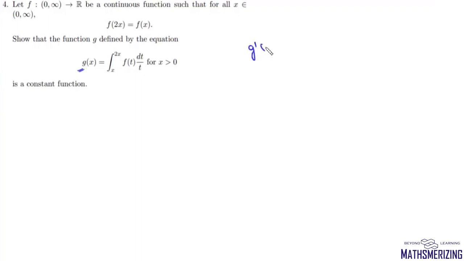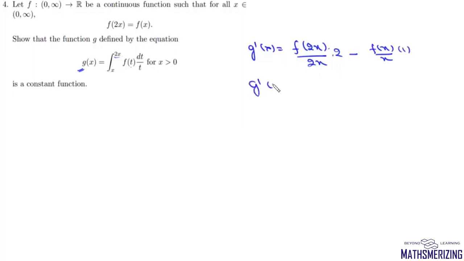So what we'll do is, we'll differentiate this function. So we'll write g dash x, and since it is an integral function, we'll use Newton-Leibniz formula. So in place of t, we'll write upper limit. So it'll be f(2x) upon 2x into derivative of upper limit, which is 2, minus lower limit. So it'll be f(x) upon x and then derivative of lower limit.